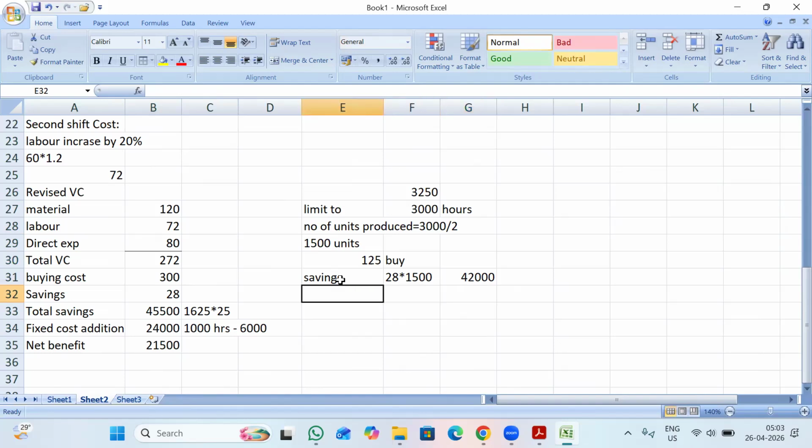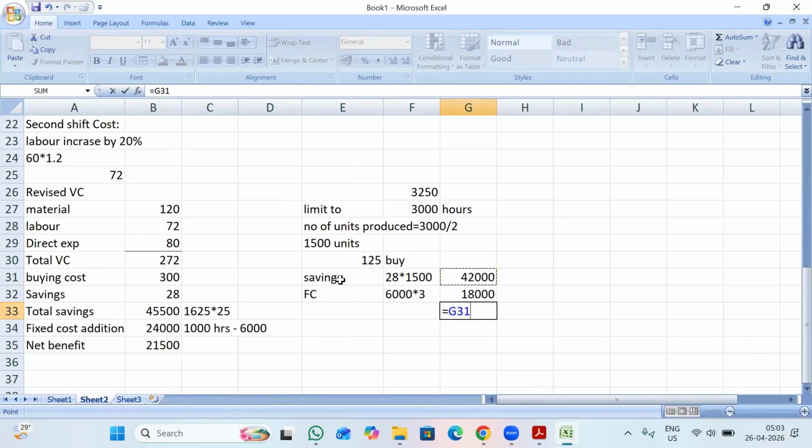For producing these 1,500 units, I additionally incur fixed cost, that is 6,000 rupees for every 1,000 hours. Here we are having 3,000 hours, that means 6,000 into 3, so here we have complete 3,000 hours. It will make 18,000.